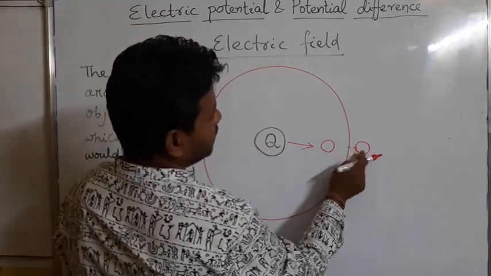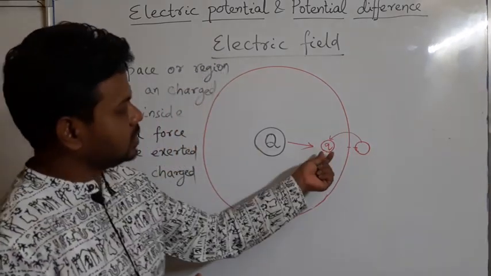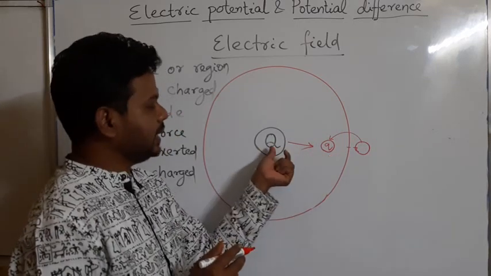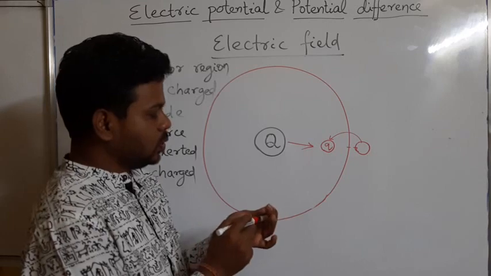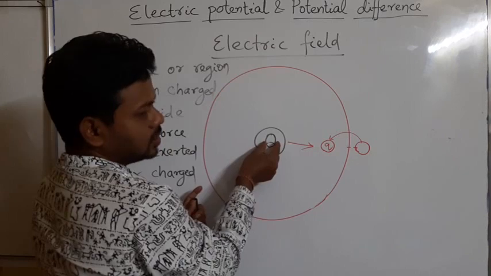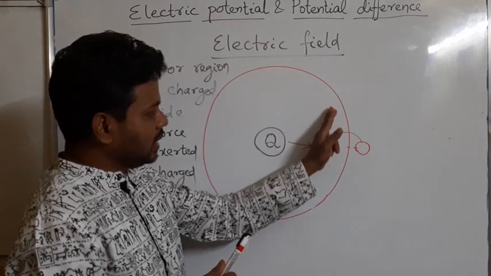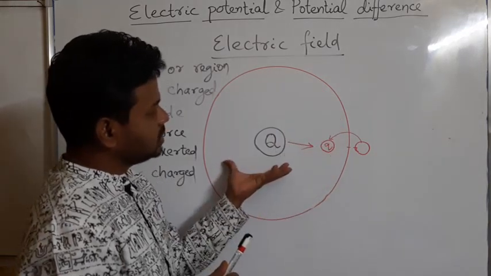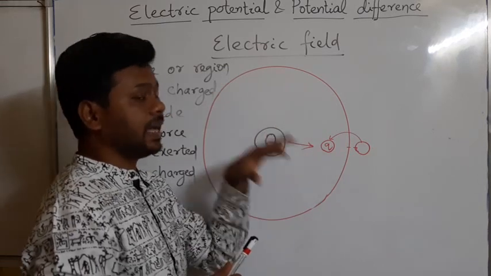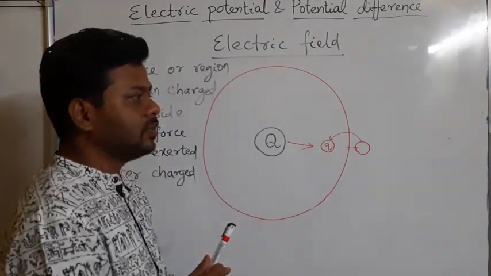When I bring a small charged object Q and place it inside this area, then it can give force on it. So this area around the charged object can be called the electric field. So the area or the space around the charged object in which it would exert force on other charged objects is called its electric field.